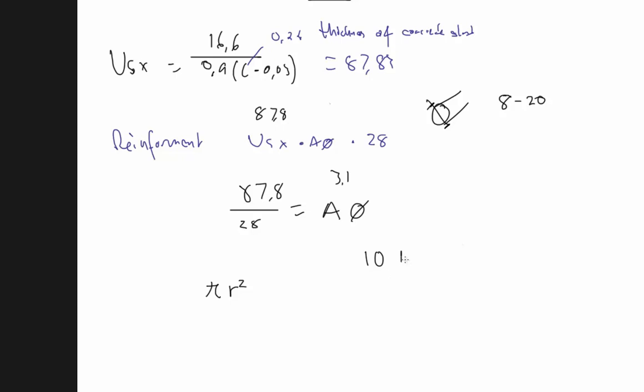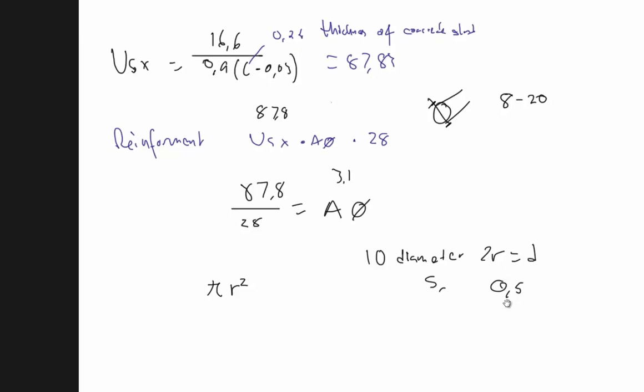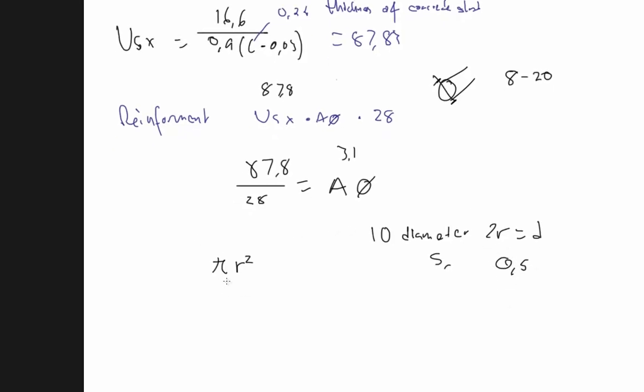So we use 10 as a diameter, and obviously the radius is half the diameter, so that would be 5, and it's not 5, but it's 0.5. Oh, God. Embarrassing. So that's what we use for this value.